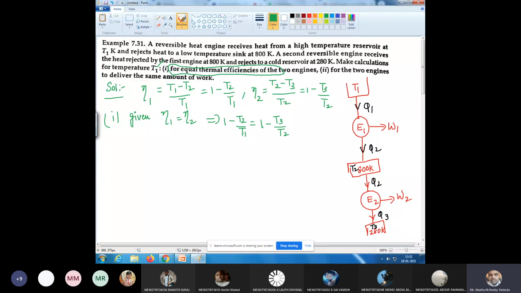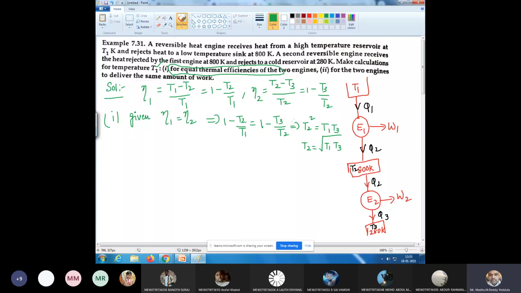So the 1 will be cancelled, and by cross multiplication T2 into T2, T2 square is equal to T1 into T3, and T2 is equal to square root of T1 T3. Right, we got an intermediate temperature.